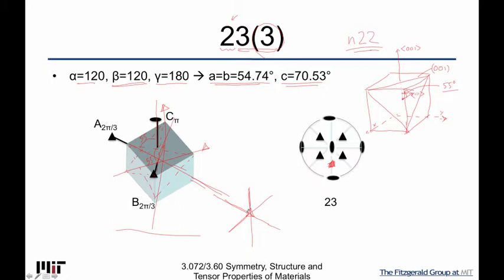And of course, the motif way of looking at it is if I had any motif around here and around here, it would also show up equivalently on the other side of this box coming out, because remember I have the threefold axis popping out the other side. And then when I rotate, I get the same exact thing here, over here, and over here, because it's just a 180 degree rotation. So hopefully that explains 2-3 to you.